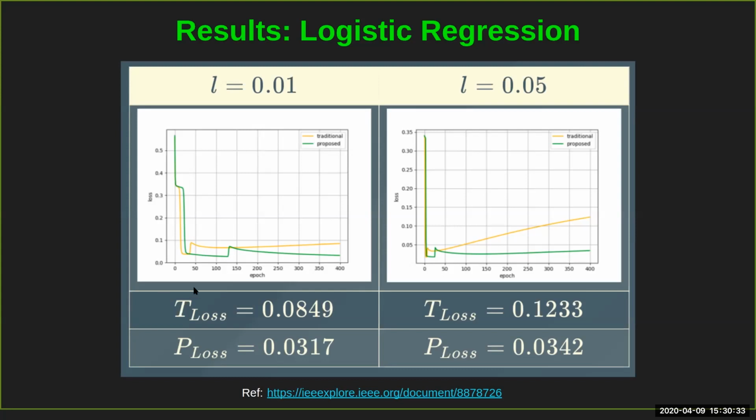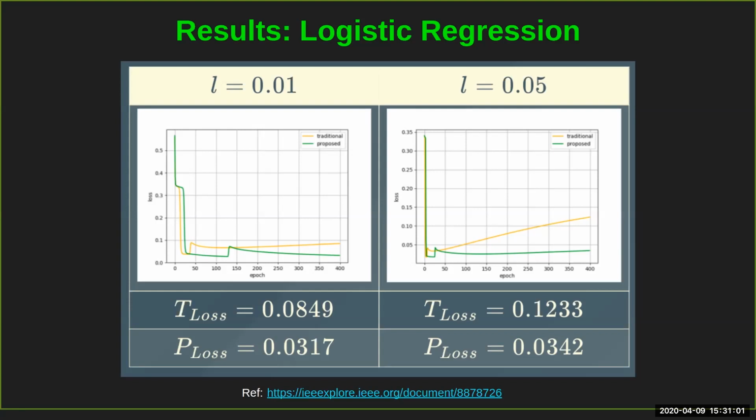Here, using the traditional algorithm, which is represented by the orange line, you get say 0.08 loss, and using our proposed algorithm, you'll get 0.03 loss. So just look at the difference between the orange and green line. The line at the bottom, giving you less loss, is the better algorithm.